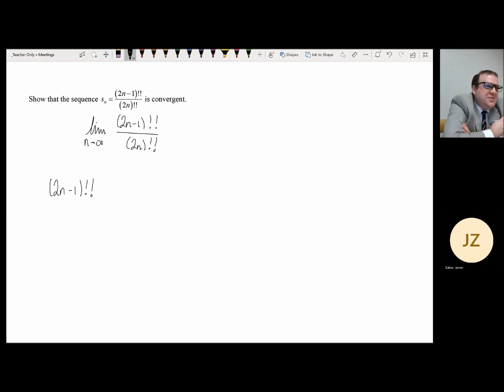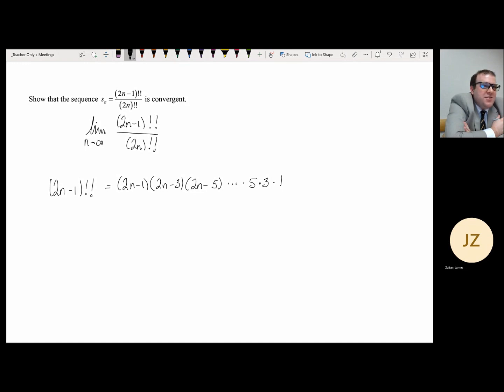Double factorial just skips every other integer.